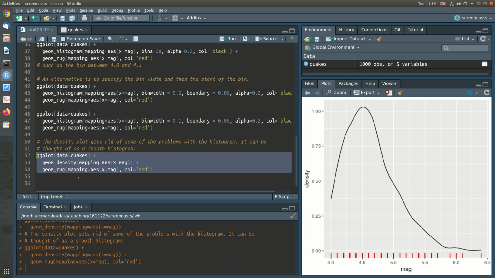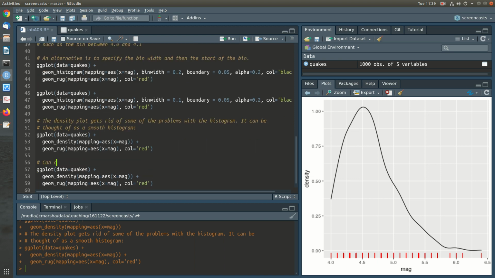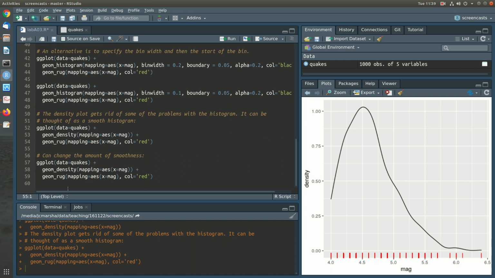Nonetheless, you can change the amount of smoothness with the adjust parameter. So if I specify adjust bigger than 1 first, let's make it 4. So adjust greater than 1 smooths more.